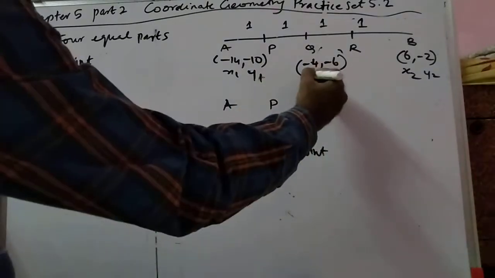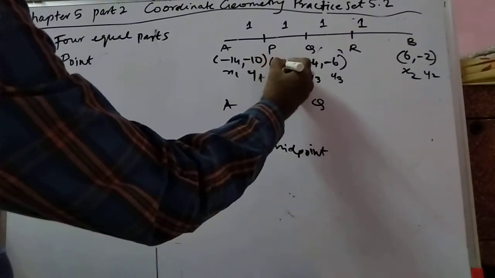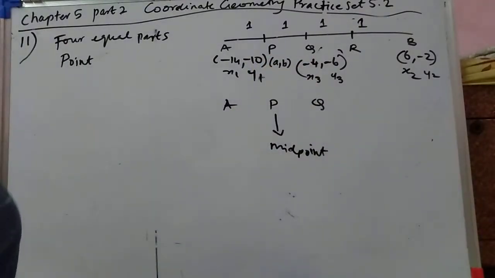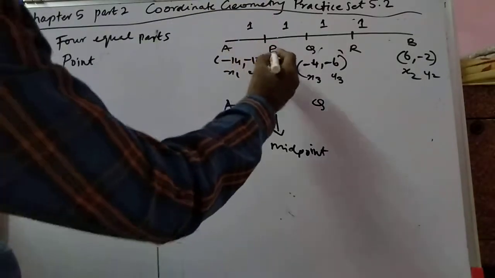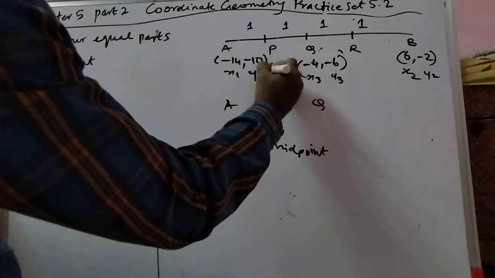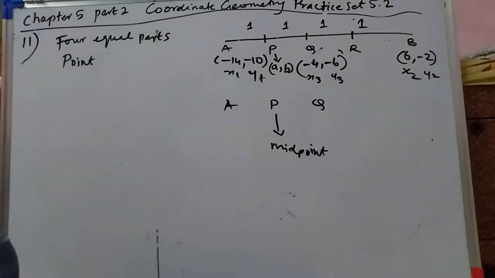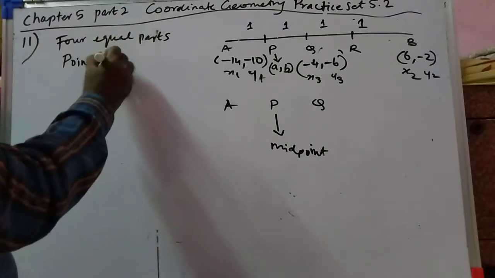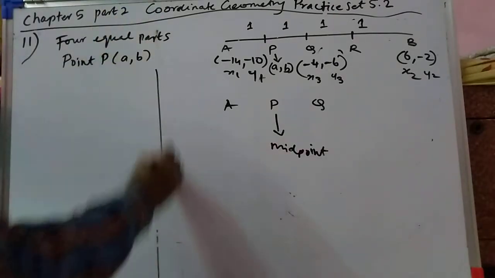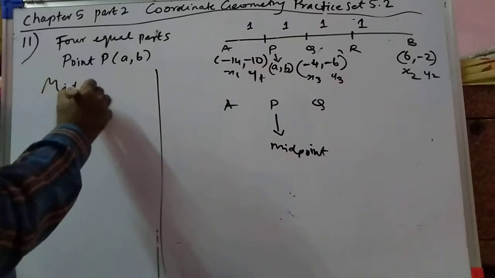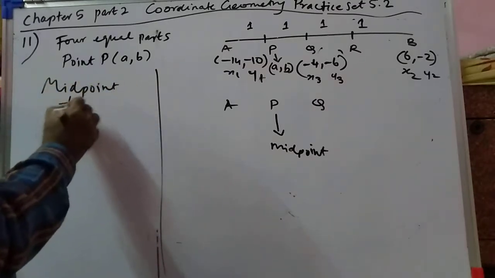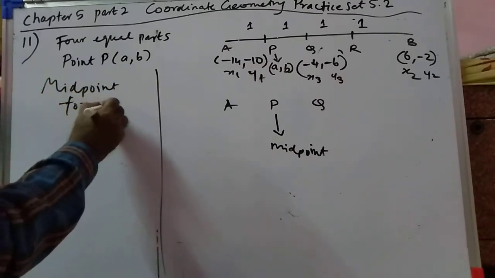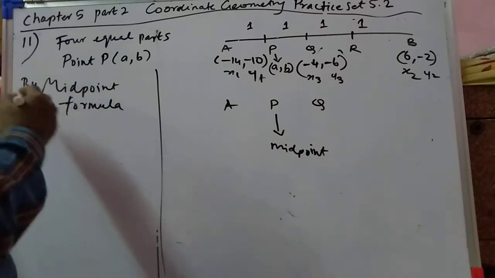Take it as x3, y3, and P take it as A comma B. So what we get?